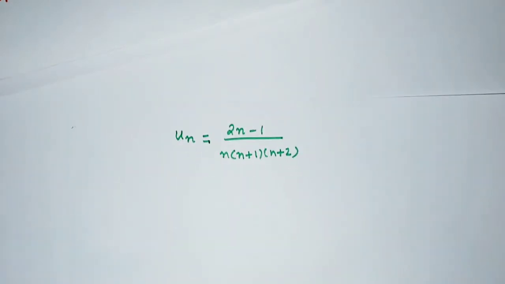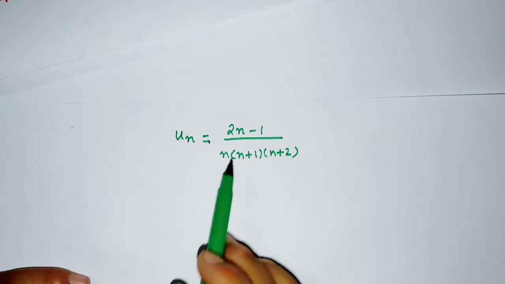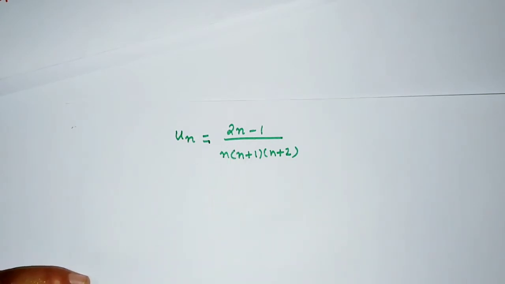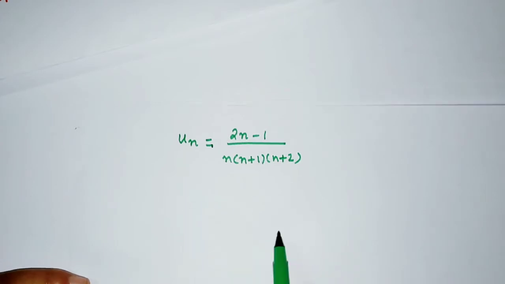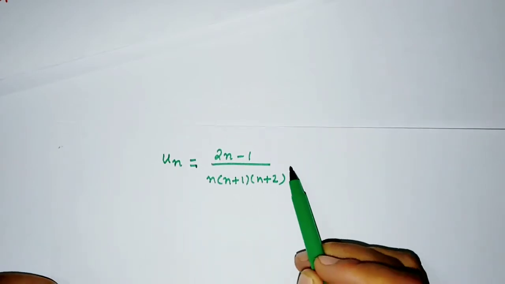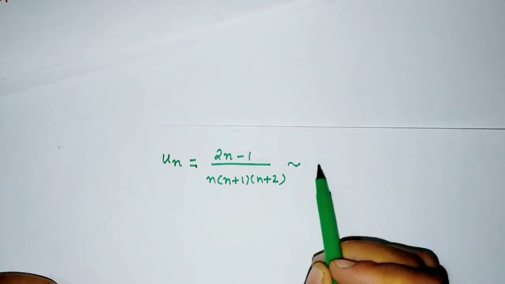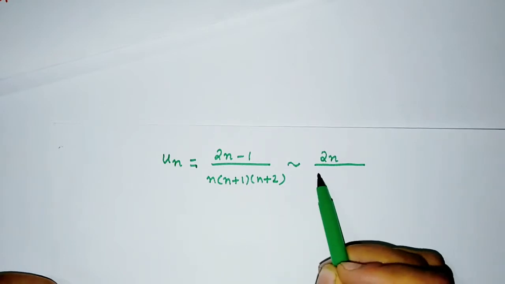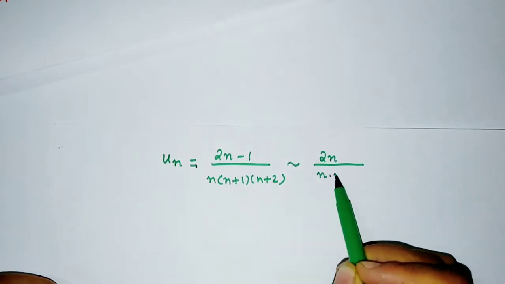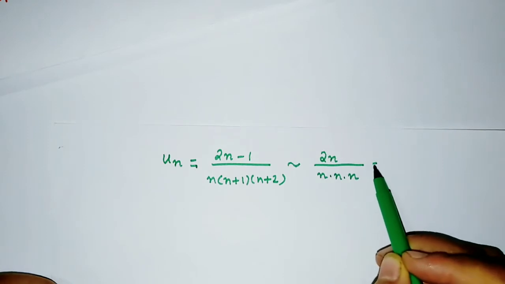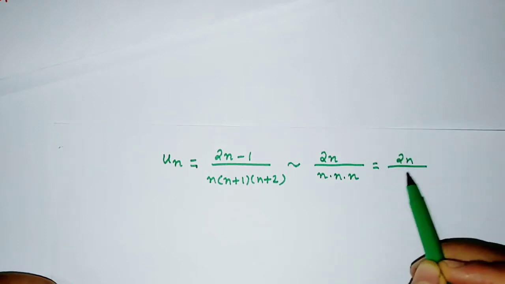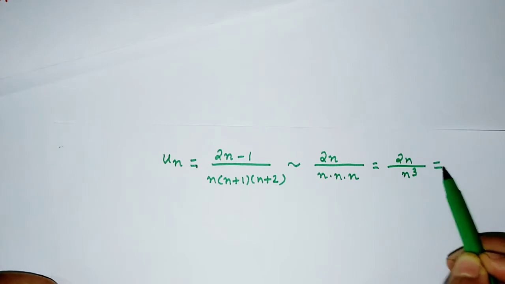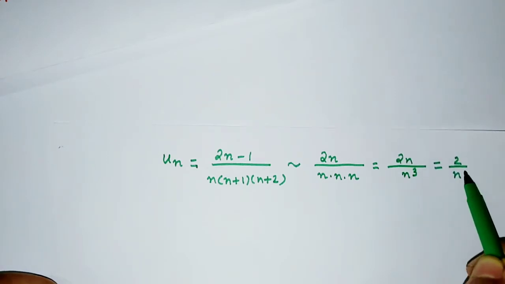Now we need to know Vn, and we can find Vn from un itself. So now if n is very large, then un will be nearly the same as 2n by n into n into n, that is 2n upon n cubed, which is nothing but 2 upon n square.